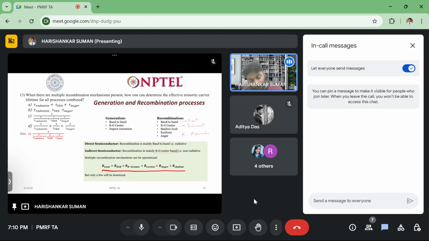We know the processes, generation and recombination. Generation: band-to-band, RG center, which is midway, and impact ionization.